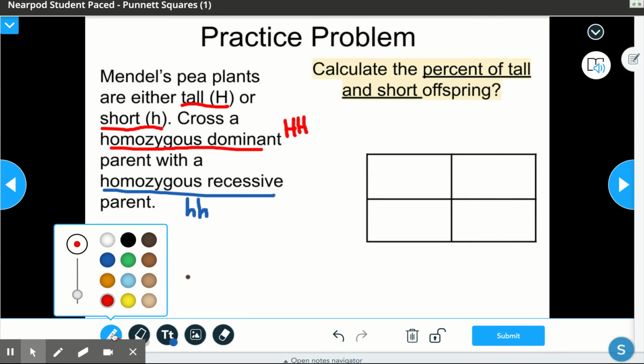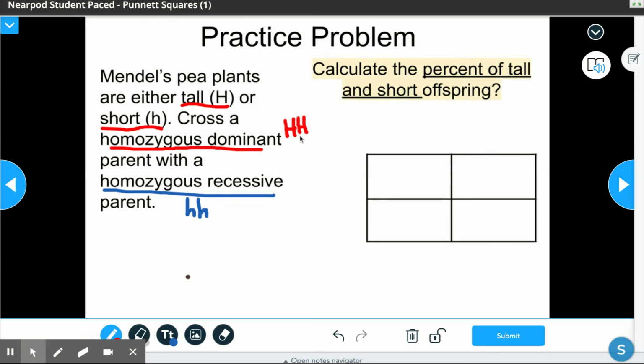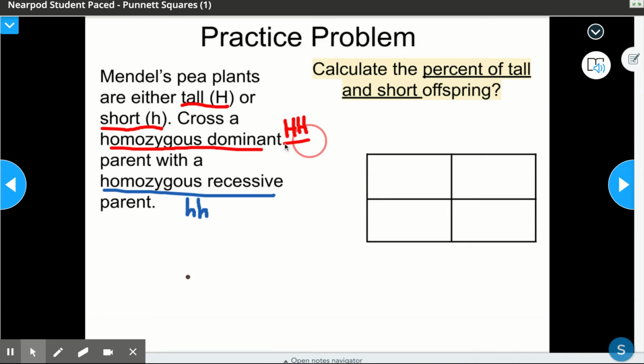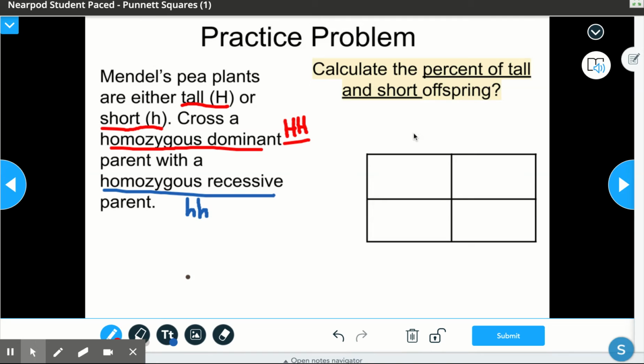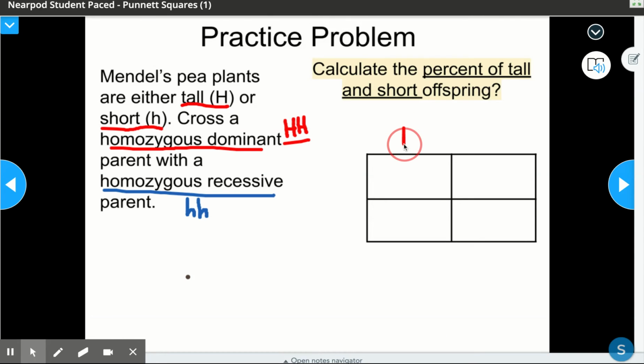I'm going to use red to represent the first parent and blue to represent the second parent. So parent number one has this genotype. In order to set up the Punnett square, I just take each allele and separate it. I'm going to put this one up here at the top.